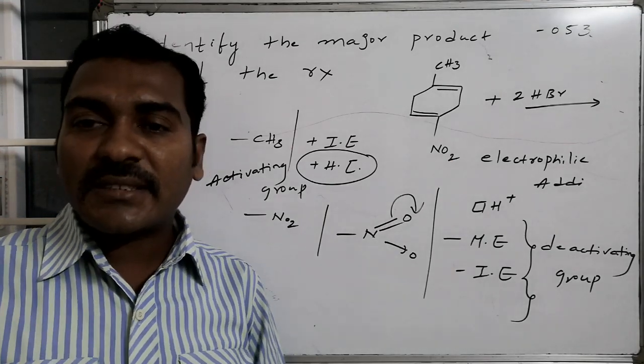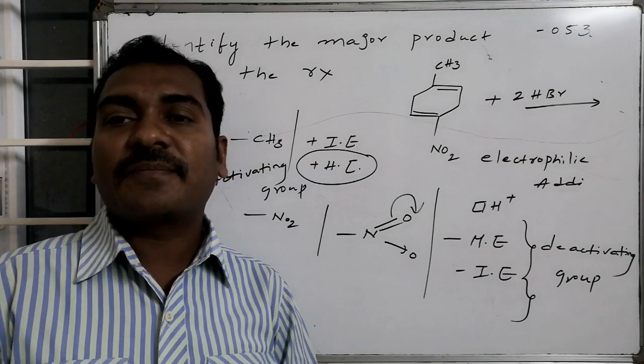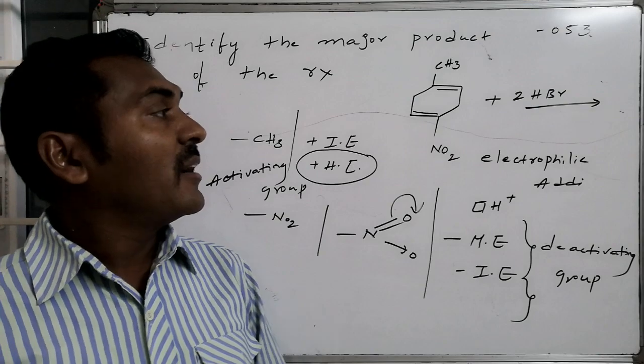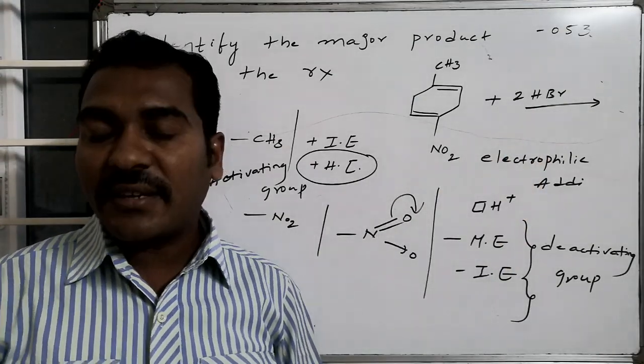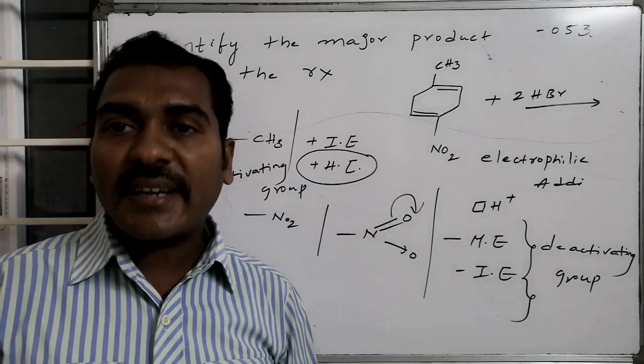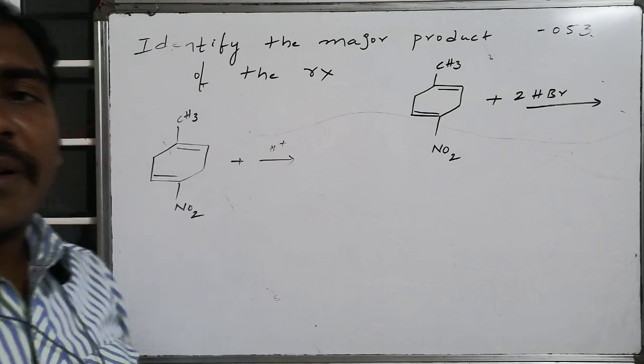If we write the stepwise process in sequence, that is the mechanism, including the intermediate and the process involved in the addition of HBr over the two double bonds of the cyclohexene connected with the methyl and nitro groups, let us go for the mechanism.